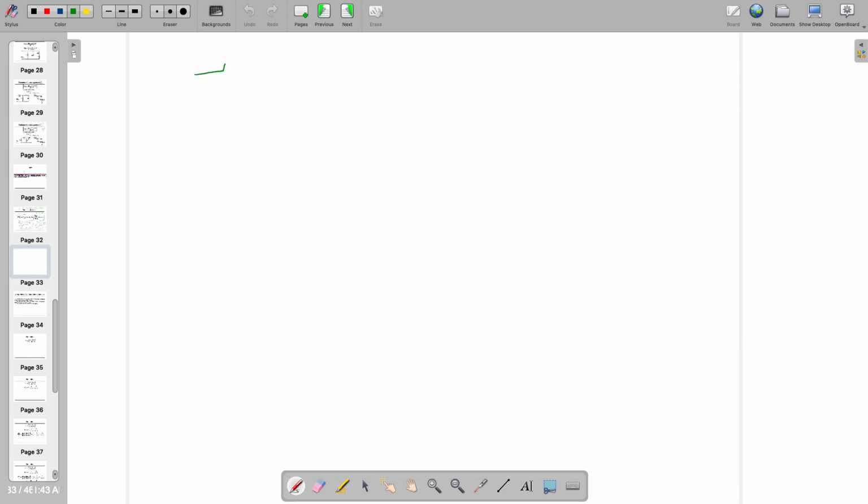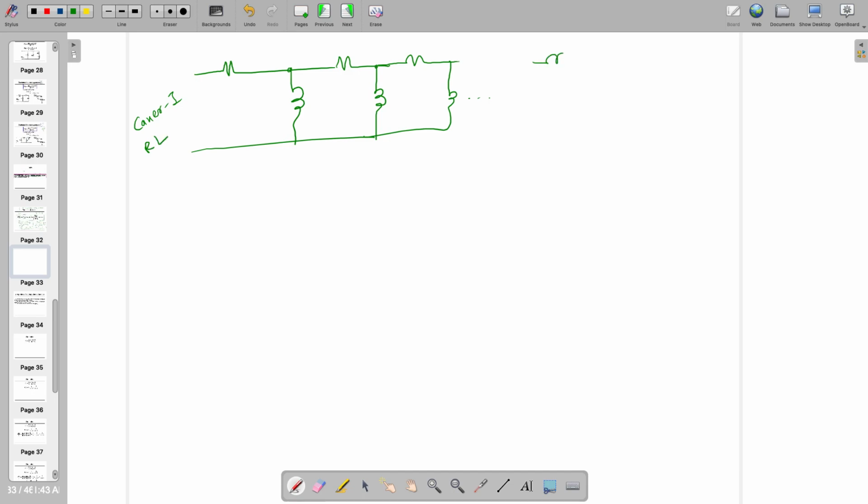But if you are seeing such a kind of function, or the diagram looks like this one, you are going to declare that one as the Cauer 1 RL circuit. If it is like this, you are going to declare that one as the Cauer 2 circuit.